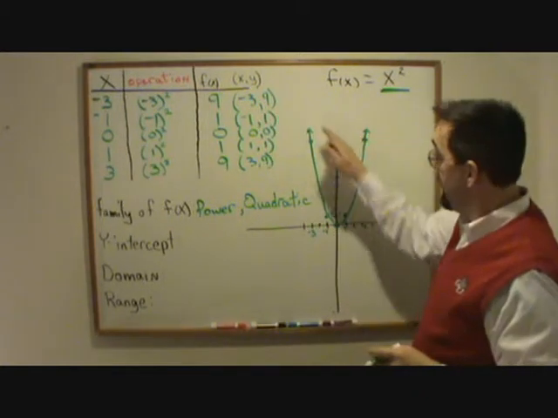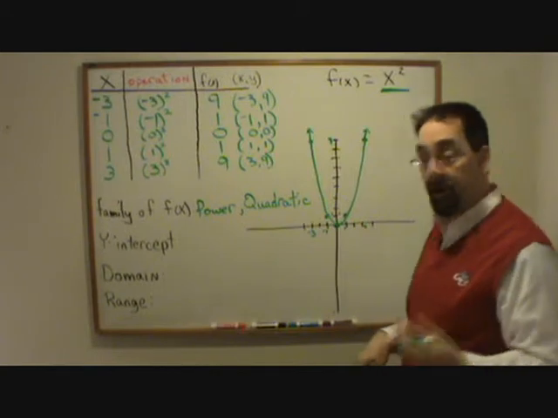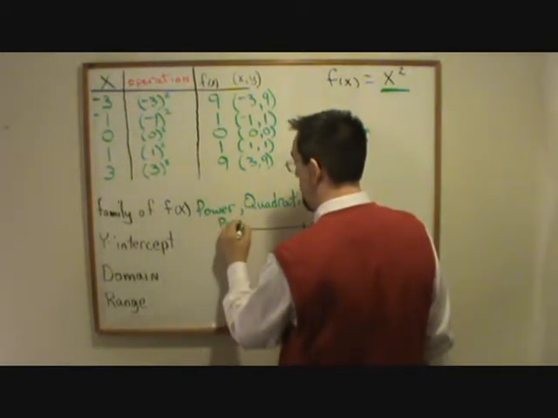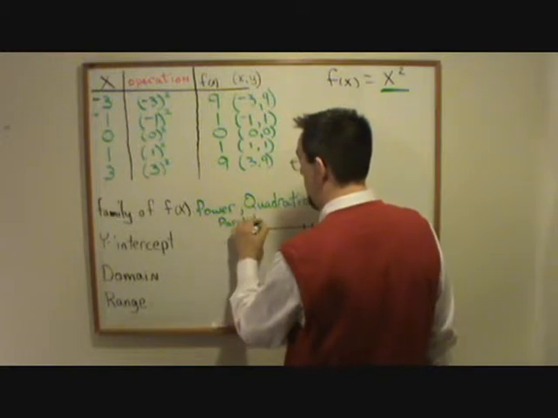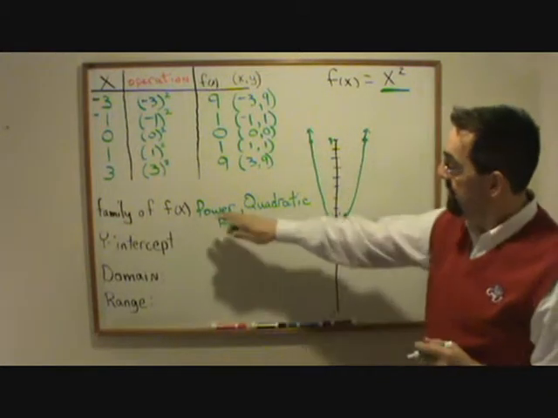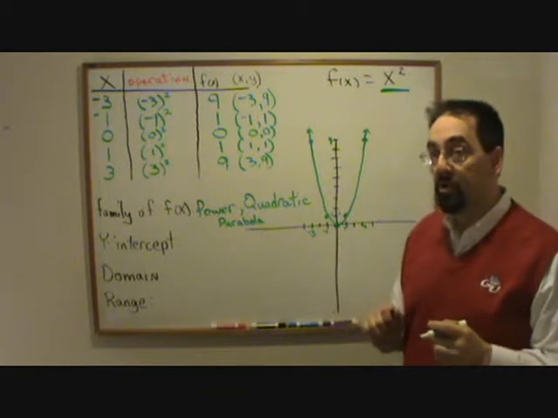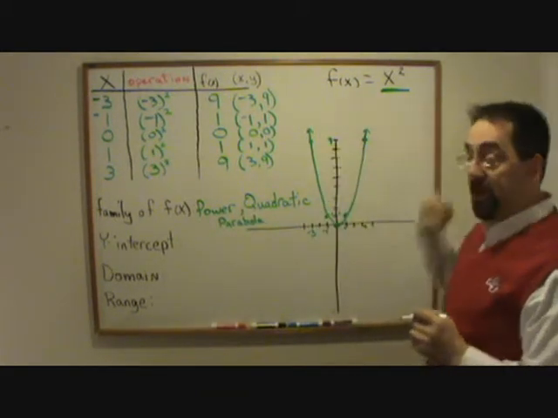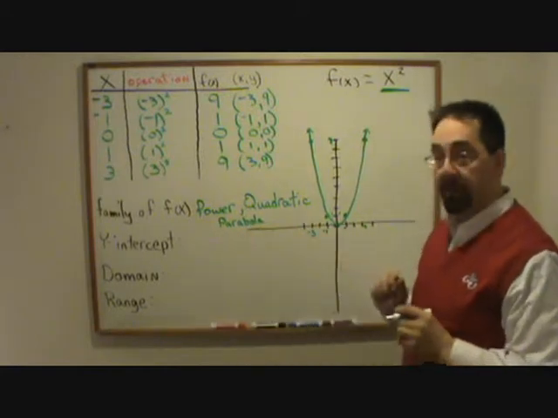And then the common name for this shape is a parabola. So the family of functions, there's actually 3 different words we could use. Power, quadratic, or the actual shape of this one called a parabola.